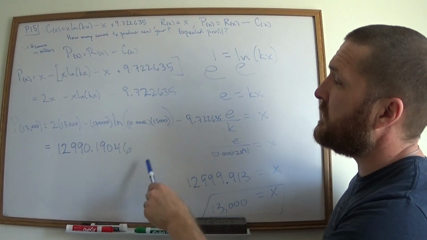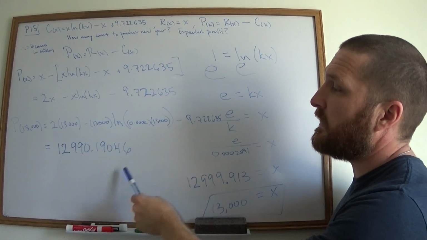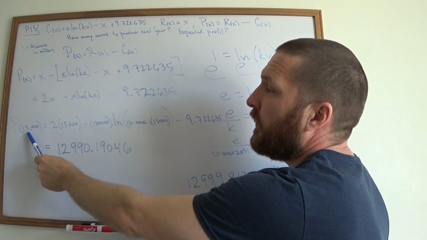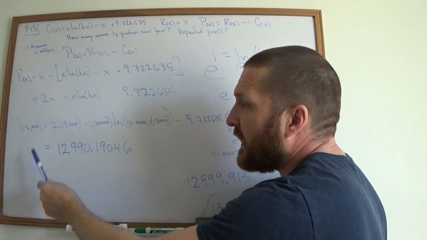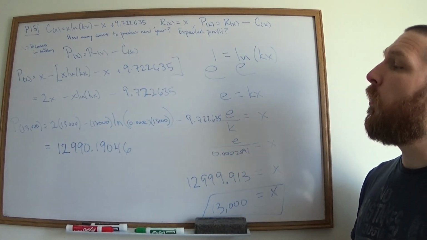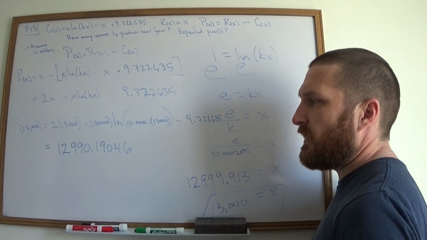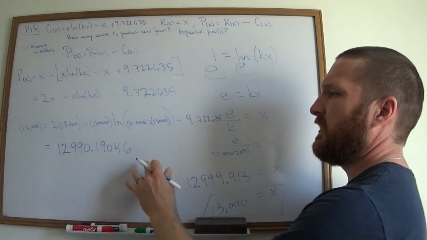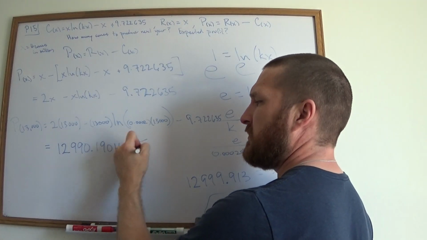Plugging all of this into Wolfram Alpha, I get that the profit that we make if we manufacture 13,000 ice cream cones is 12,990.19046. But this is dollars.